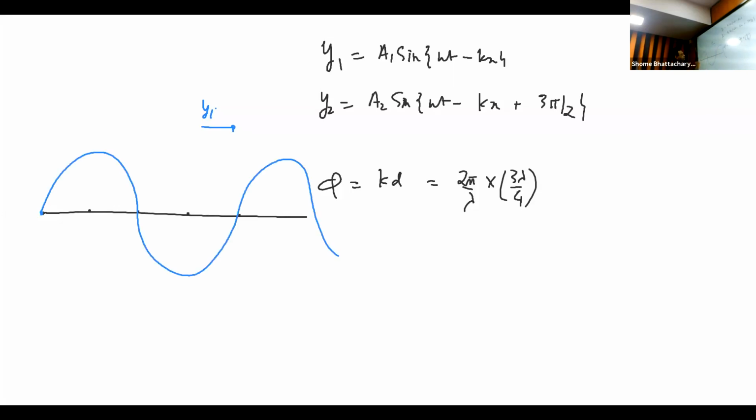So this was the wave from my S1, just traveling like this. Okay. And now my wave from my second source, second source was located here.